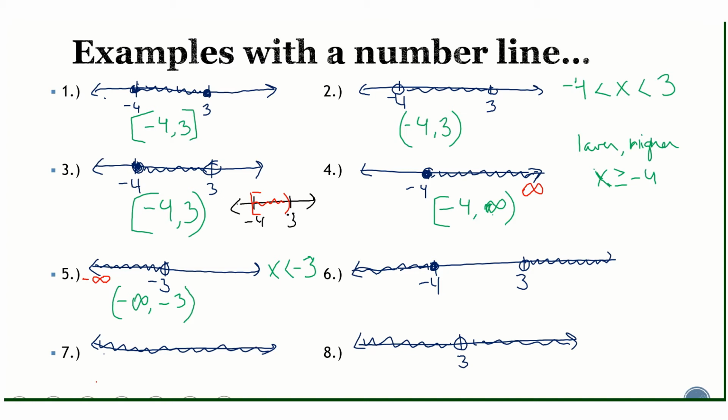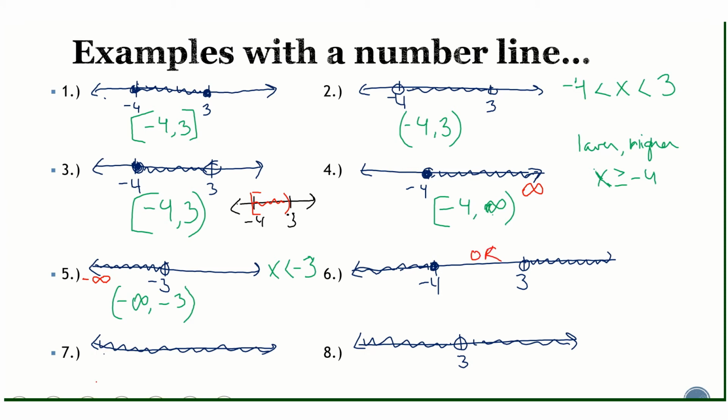Now, number 6 gets into having two intervals. If you think back to our absolute value inequalities from a million years ago, the beginning of the school year, we would have two separate inequalities for this, and X could be in one section or the other. I want you to keep that in mind. This is like an or.